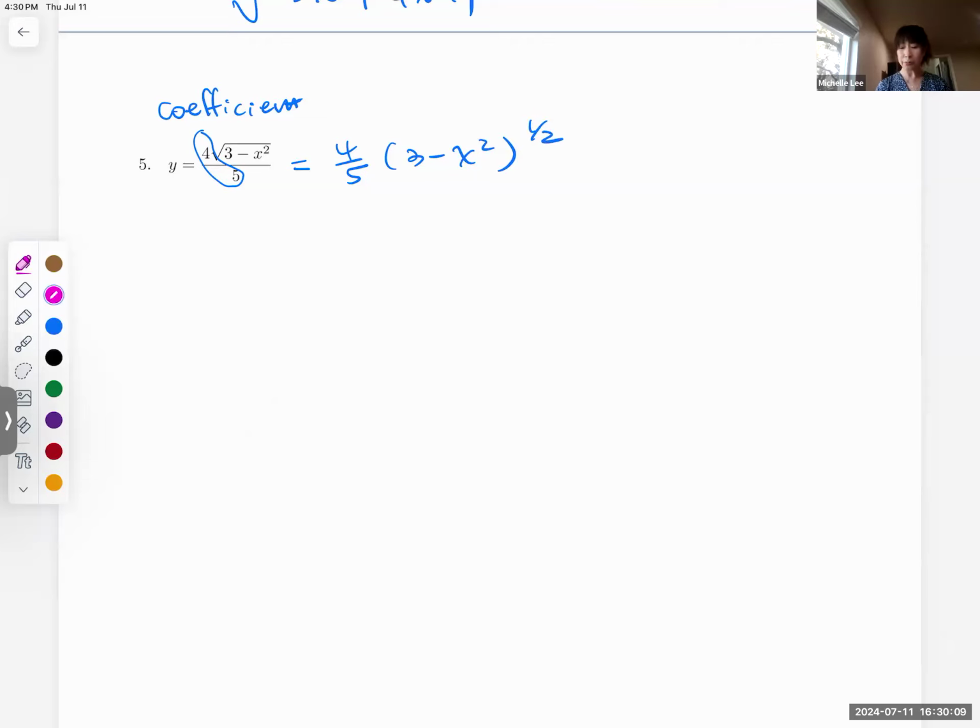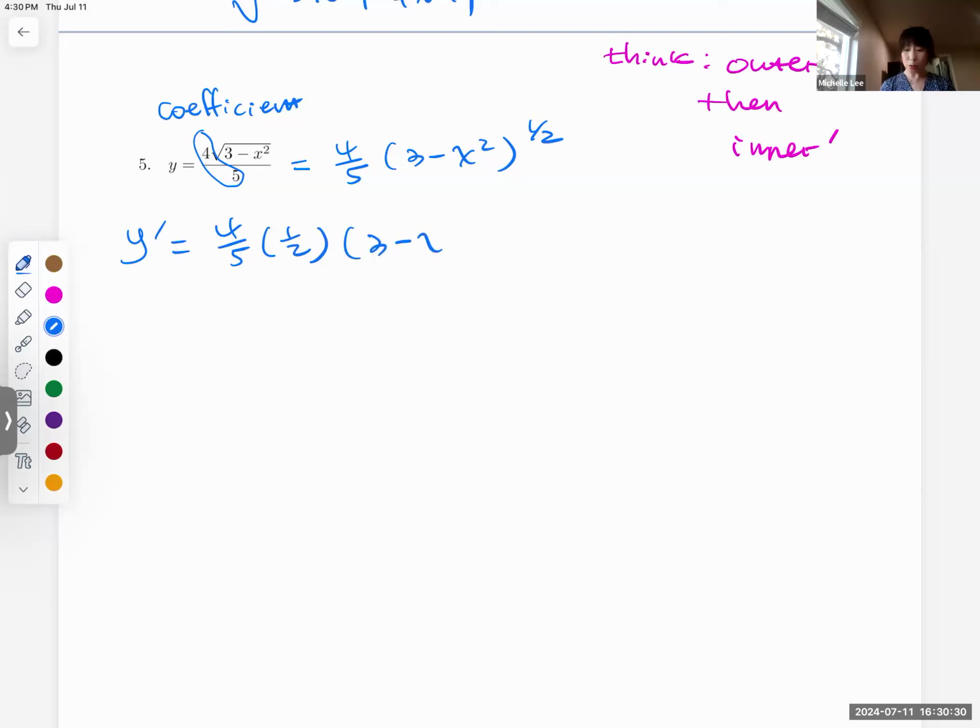Then outer prime, then inner. Okay, so y prime, we keep the coefficient, drop the power, and reduce by 1. Once again, 1/2 minus 1 in this case is negative 1/2. And chain rule, what's the inside? 3 minus x squared.